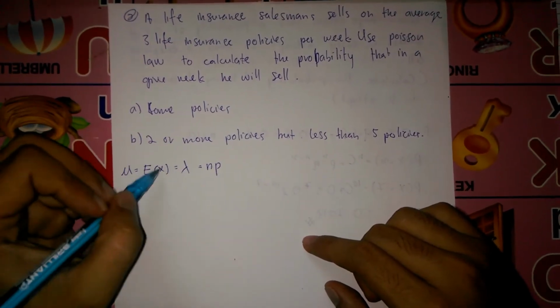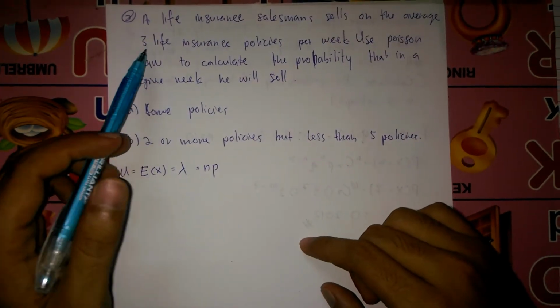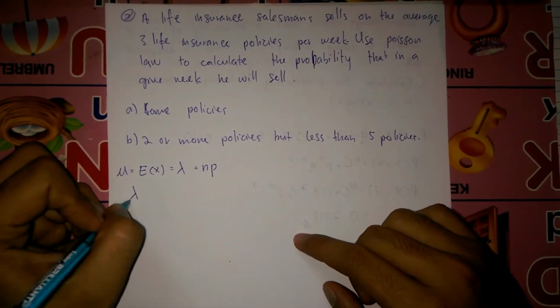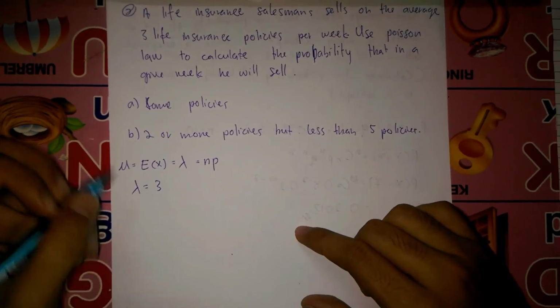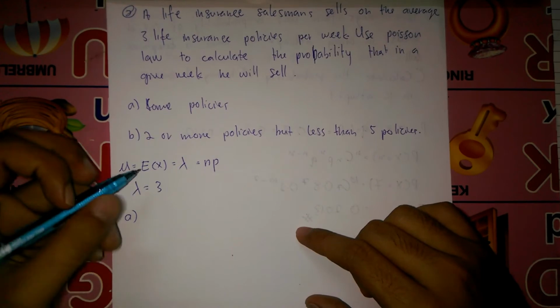The mean has been given in the question, so lambda is 3. For A, we assume more than 0 policies.